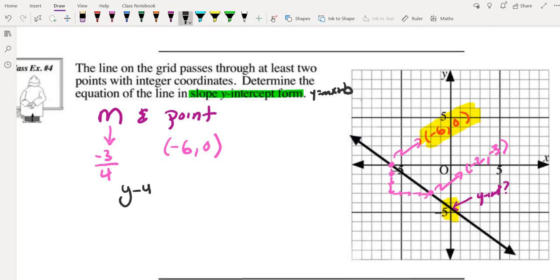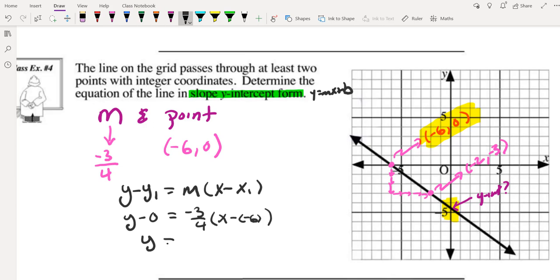So our equation of the line is y minus y1 is equal to m times x minus x1, and we just plug in the information. So y minus the y value, which is 0, is equal to m, -3/4, times x minus the x value, so x minus -6. Clean this up: y minus 0, the 0 disappears, equals -3/4 times x, and two negatives make a positive, so it becomes x plus 6.